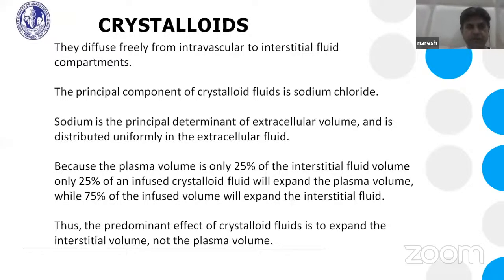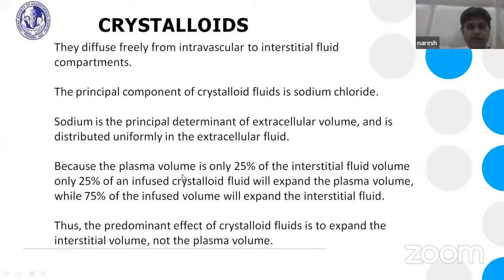balanced salt solutions. A few of these slides are a bit crumpled, only one or two. The crystalloids are mainly sodium solutions which diffuse freely from the intravascular to the interstitial compartment.